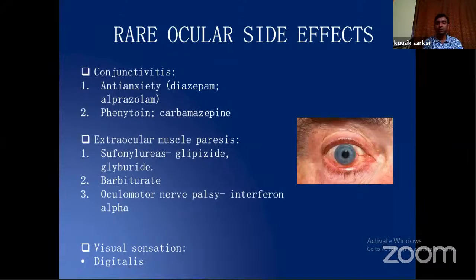Rare ocular side effects of systemic drugs include conjunctivitis caused by anti-anxiety drugs like diazepam, phenytoin, and carbamazepine. Extraocular muscle paralysis occurs with some systemic drugs like glipizide, glyburide, and barbiturates, and in interferon alpha, oculomotor nerve palsy can occur.